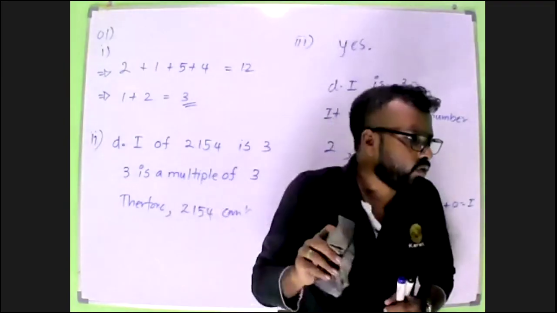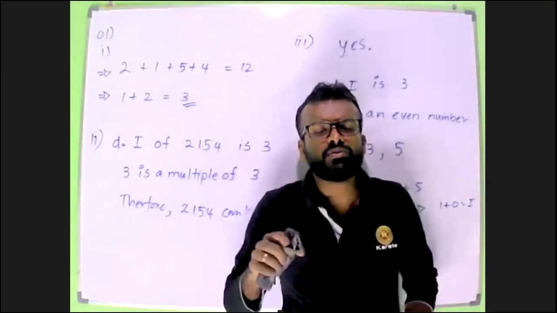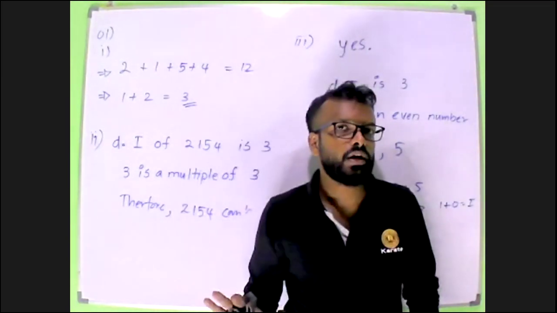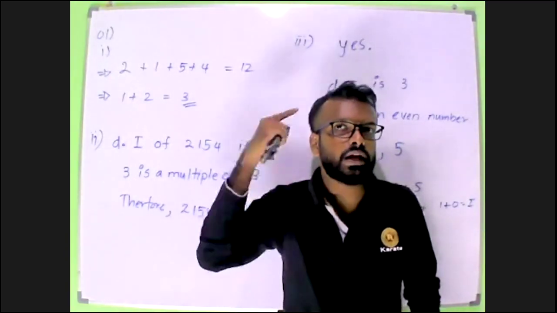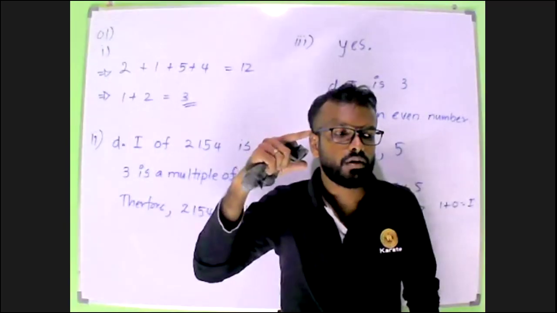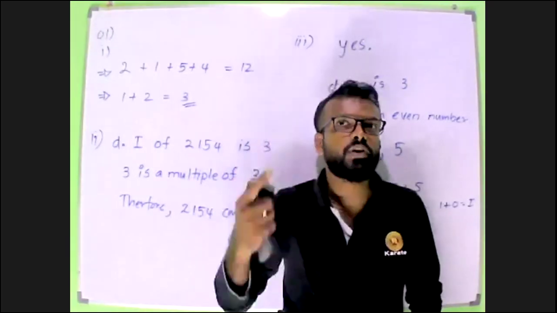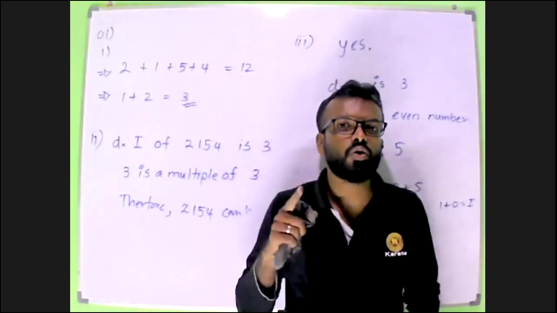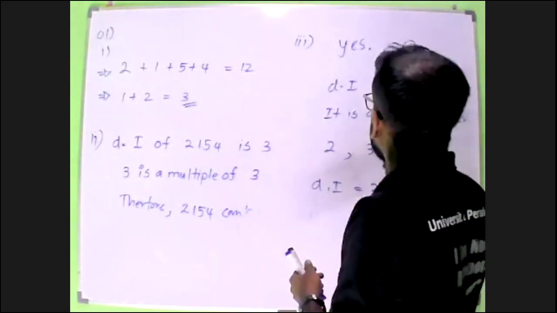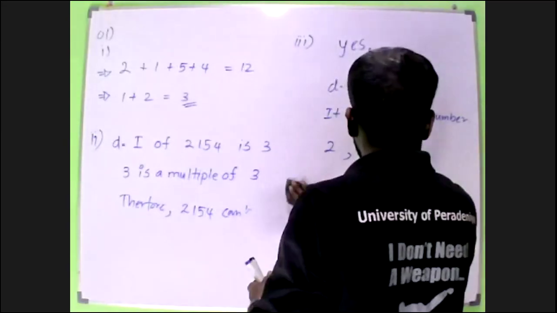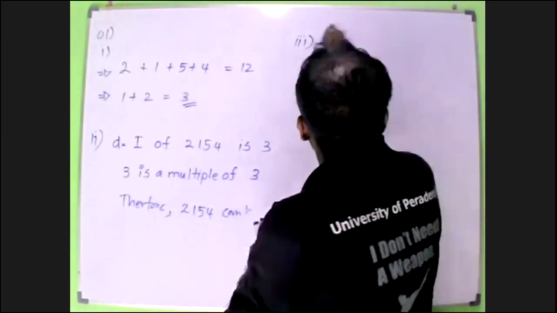So here what you have is 2, 3, and 5. You need to find the numbers which are divisible by 5. Now what is the thing that you need to remember? How do you divide by 5? If you have 0 or 5 at the end of any given number. So I will clear the board.